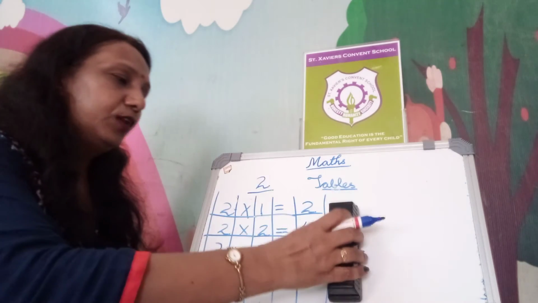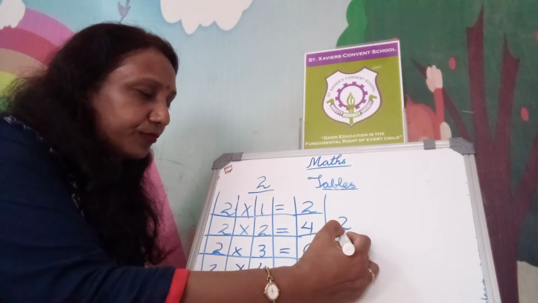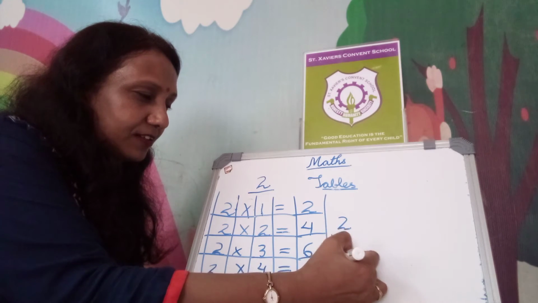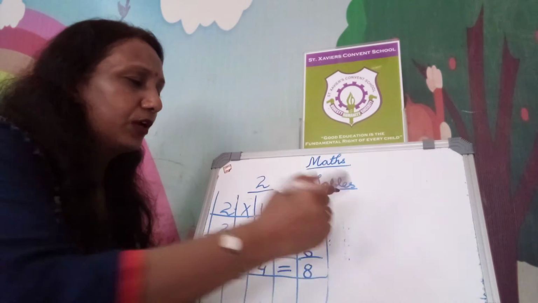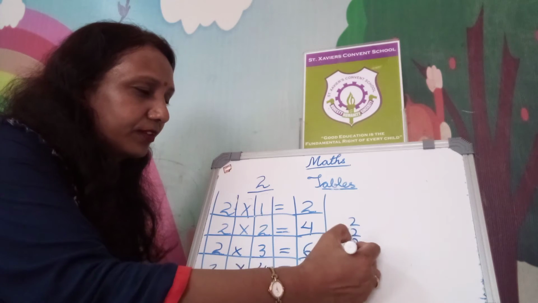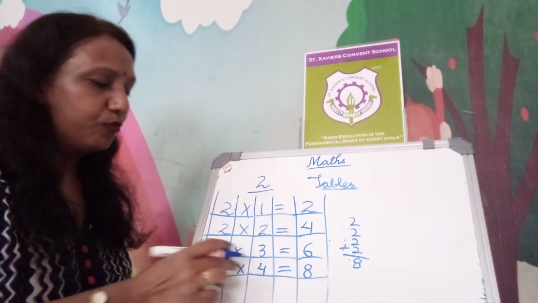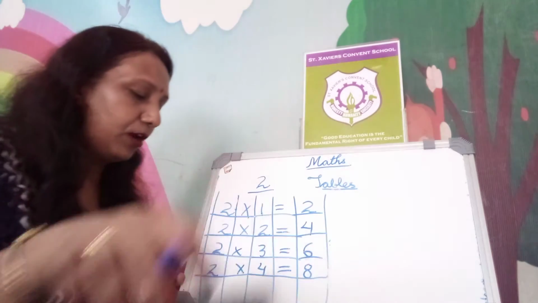Okay, so how will you write? 2 4s are 8. And when you add, you write 2 four times, and the answer will be 8. 2 4s are 8. Okay. This way you can learn the table of 2.